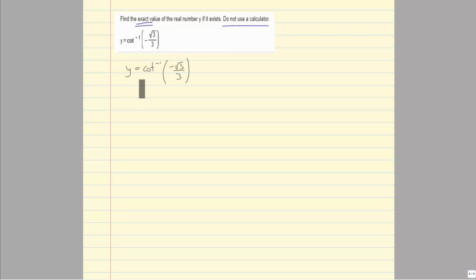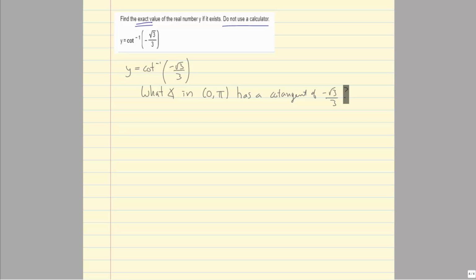This means what angle in the interval. Now the interval that I want to use for inverse cotangent was 0 to π. Let's keep that in mind, 0 to π, has a cotangent of -√3/3. Now if you knew that off the top of your head, you could just answer this right away.